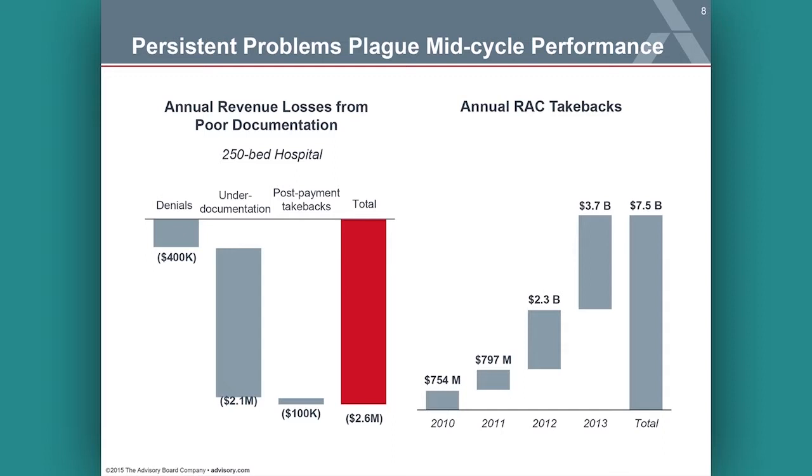And when you look at some of the things that are happening in the future, first on the right-hand side of this page, annual RAC takebacks. I remember all of the buzz about this back in 2008 during and just after the demonstration project. Well, at that time, CMS said they were expecting about $4 billion in RAC takebacks, and 6 years later, they're finally getting to that number. And the number of dollars tied up in appeal, et cetera, has been exponentially increasing year over year.